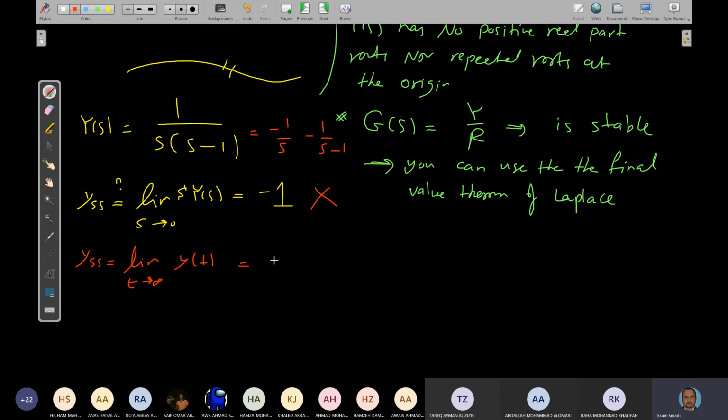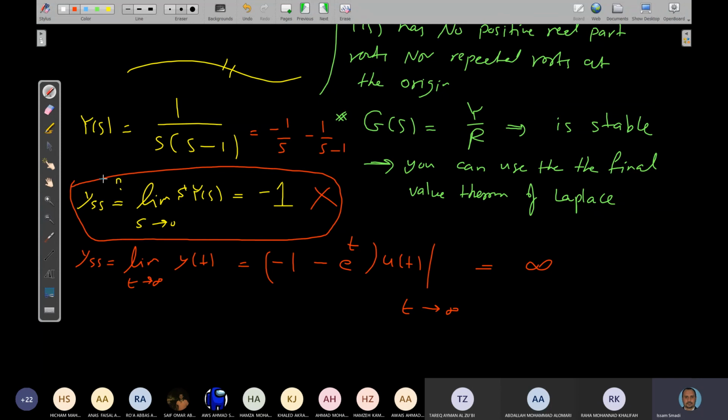So if I do the math, this will be minus 1 minus exponential of t, u of t. And I need to evaluate at t going to infinity. This equals what? Infinity. So the final value theorem of Laplace is not valid.